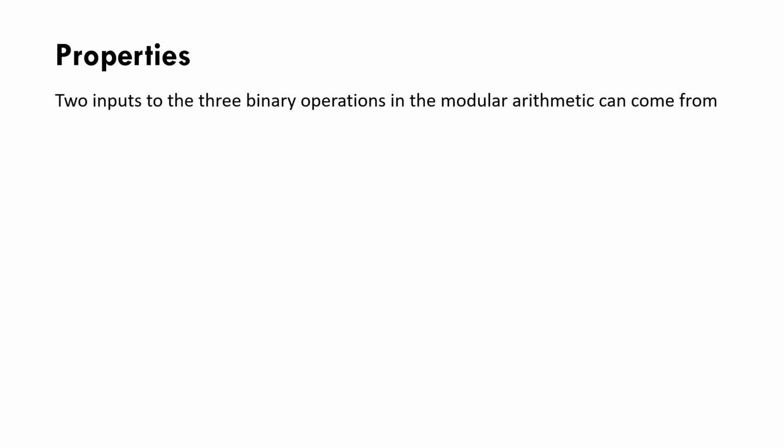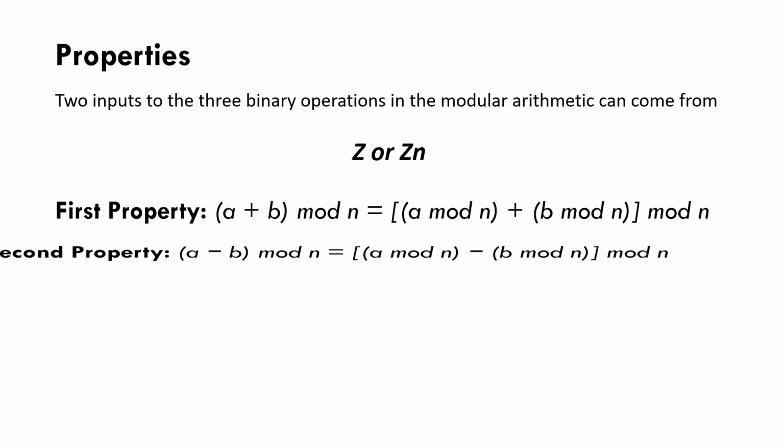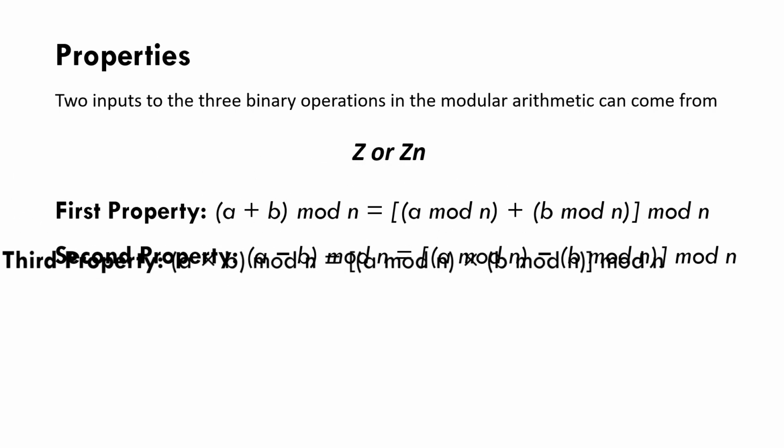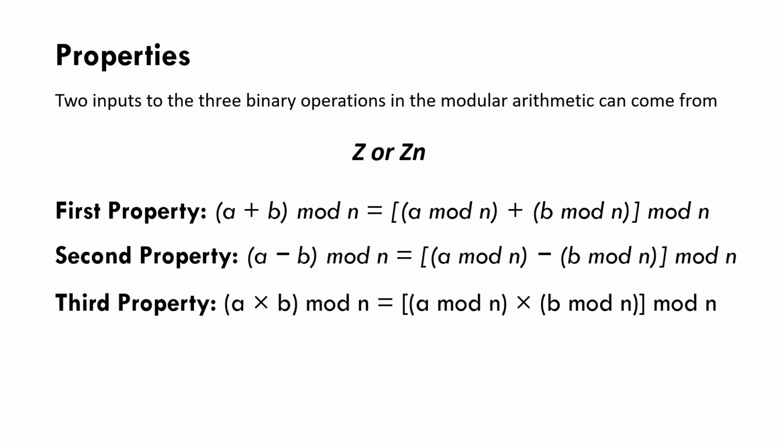Properties. We mentioned that the two inputs to the three binary operations in the modular arithmetic can come from Z or Zn. These three properties allow us to first map the two inputs to Zn, if they are coming from Z, before applying the three binary operations, plus, minus, and times.